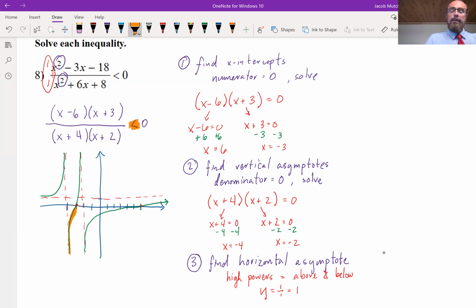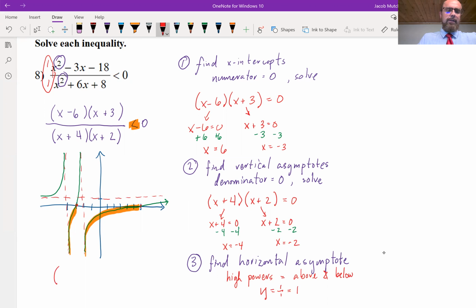It ends at -3 because then it passes through the x-axis and the y values become positive. I do pick up again on the right side of -2 all the way up to the x-intercept at 6. So those two pieces are going to form my solution set.